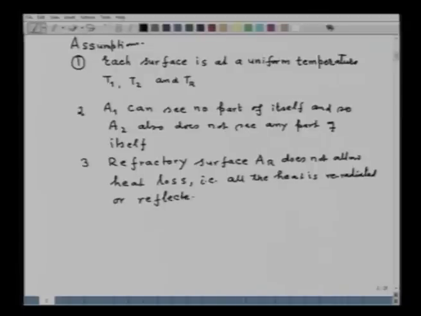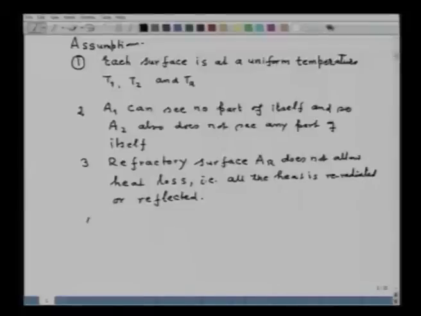Essentially, we are considering the refractory surface as an adiabatic wall which does not allow any heat to be transferred from inside of the furnace to the outside. So, whatever amount of heat falls on the area AR will be either re-radiated or reflected.